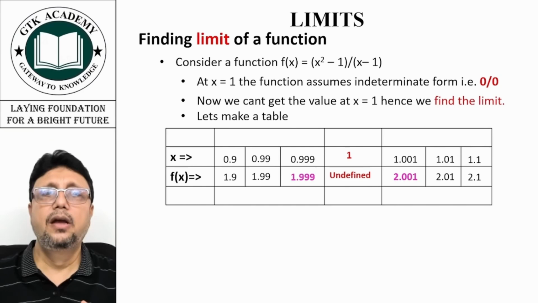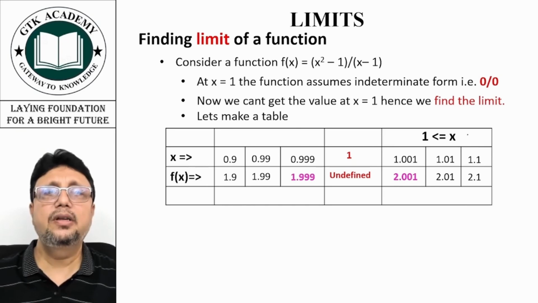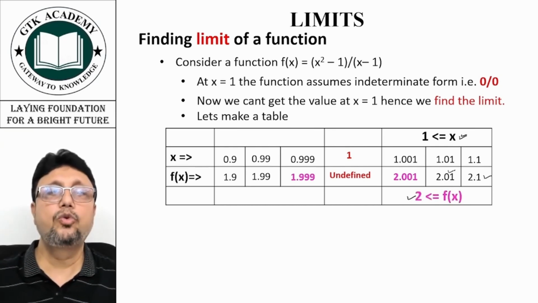you will get the value as 1.999. Now we can see that as we move from right towards 1, that is x approaches 1 from the right, the value of the function approaches 2, because here it was 2.1, here it is 2.01, it is 2.001. So value is approaching 2.